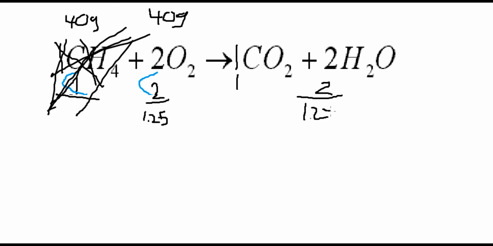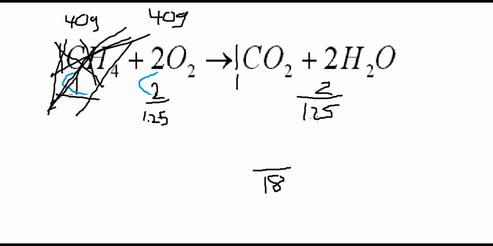But H2O is a whole different compound than oxygen. It has hydrogen, that's 2, and oxygen, so that's 18. It has a molar mass of 18, not 16, or not 32.